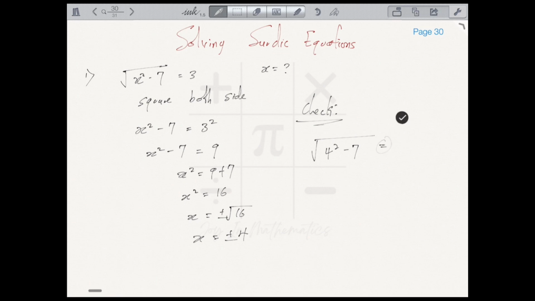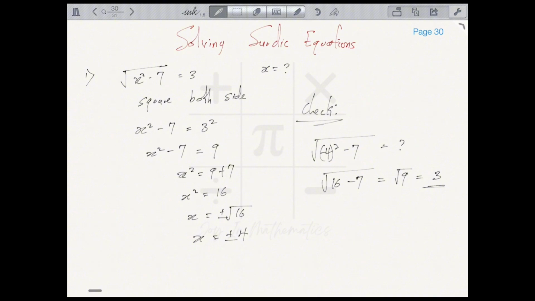Is it going to equal 3? We don't know. So this will be the root of 16 minus 7, which is root 9, and the root of 9 is 3. And likewise, if we use negative 4, minus 4 squared is the same thing as 16, and then we'll arrive at the same answer.